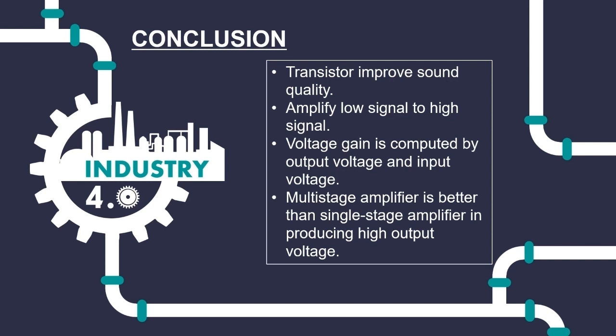The last one is that the multi-stage amplifier is better than the single-stage amplifier in producing high output voltage. This is because the multi-stage amplifier combines the voltage gain of both stages, while the single-stage amplifier only has the voltage gain of a single stage. So the multi-stage can produce higher output voltage.